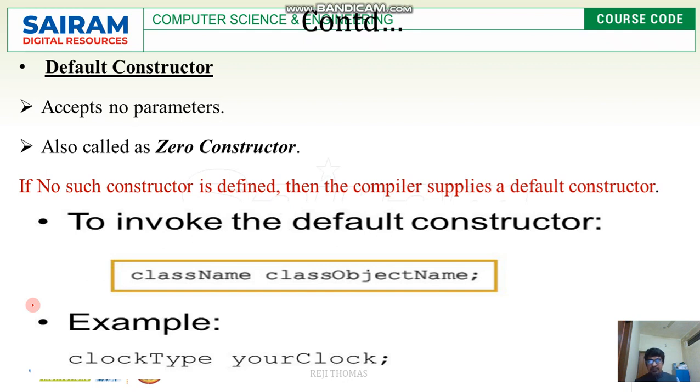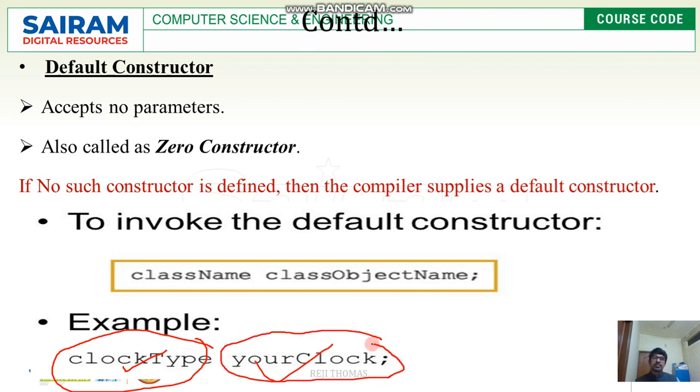For example, let us take a class called clock type, and your clock. Clock type is the class name and your clock is the object. In this case we have just created the object, but we have not called the constructor explicitly.